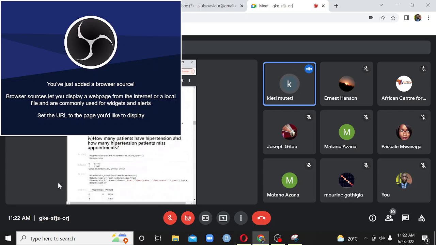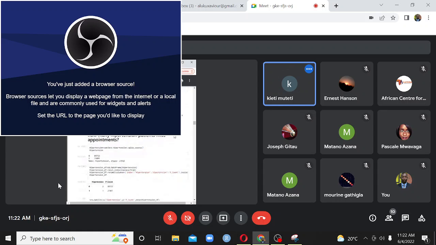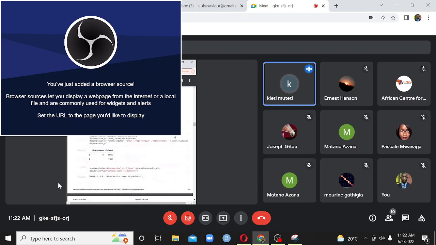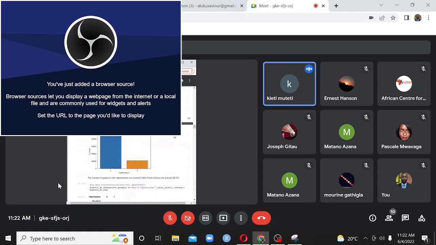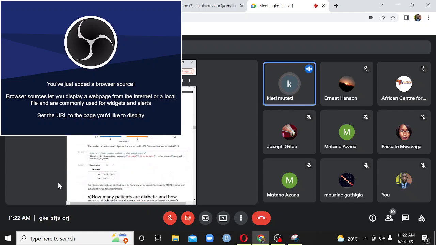I started the next question, which read how many patients have hypertension and how many hypertension patients missed appointments. In terms of the patients who have hypertension, they are 21,801, and those without are around 88,725. And I visualized it using a bar plot.